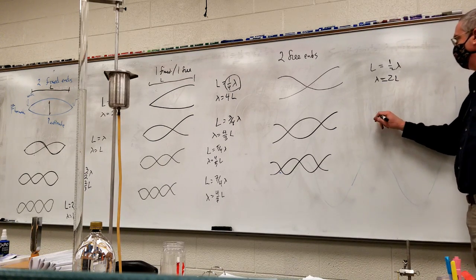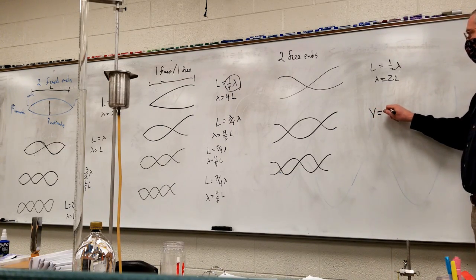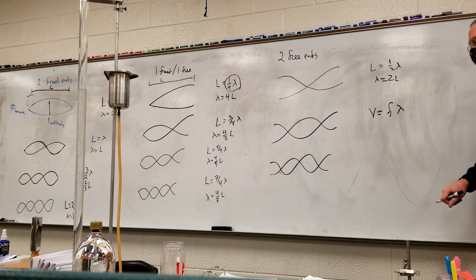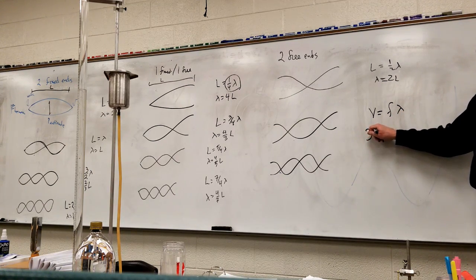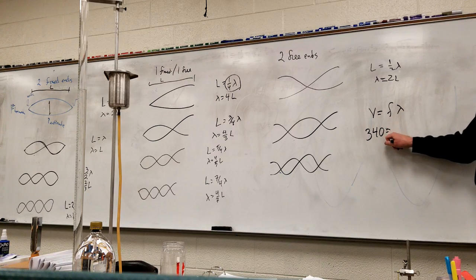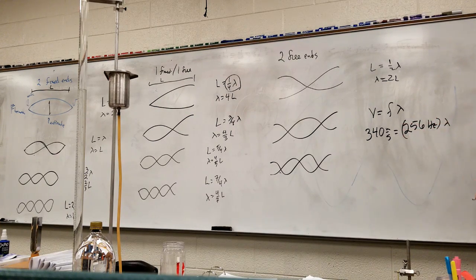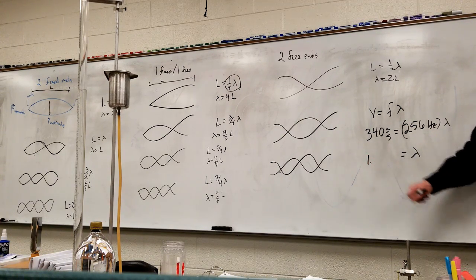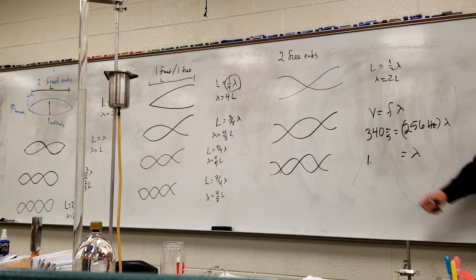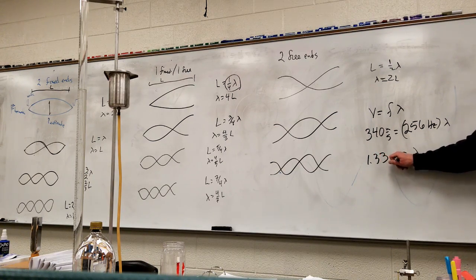hertz. I know that the speed of the wave is equal to the frequency times the wavelength. The speed of sound is roughly 340 meters per second. And that's equal to my frequency there, which is 256 hertz, times the wavelength. Therefore, the wavelength is, someone with a calculator still out, something like 1.33 meters.